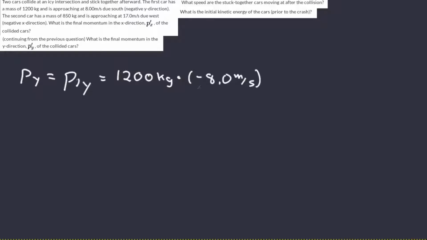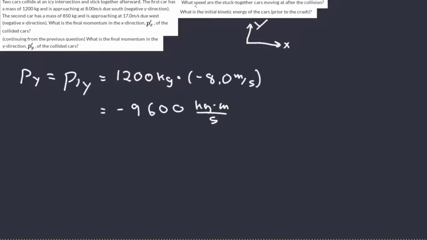And that's negative because it's moving down in our coordinate system. So I do this multiplication, I get minus 9,600 kilogram meters per second. So that does it for the first two problems, to find p prime x and p prime y.